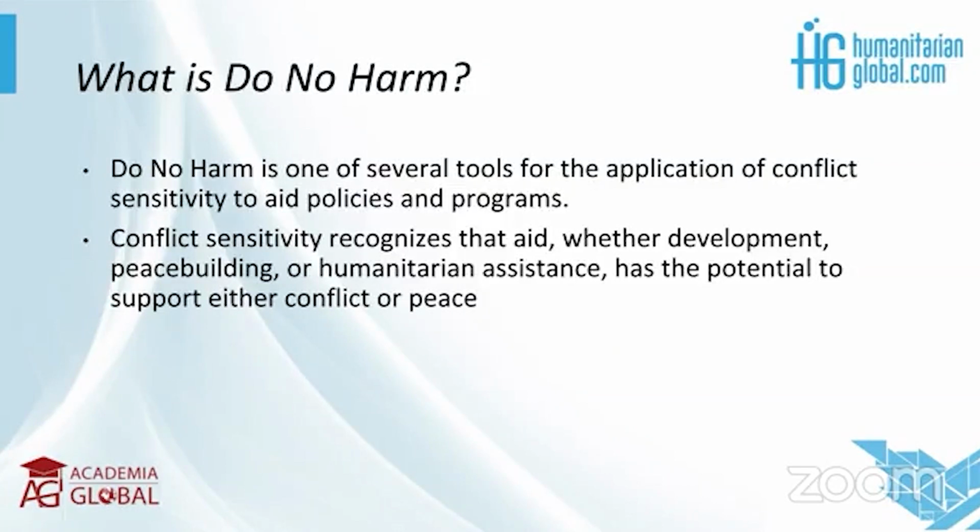But if you really want to ensure that your intervention or project is conflict sensitive, this is one among many tools that you can put into use to help you assess the extent to which your intervention is conflict sensitive, or as you design your intervention to ensure that it is conflict sensitive.